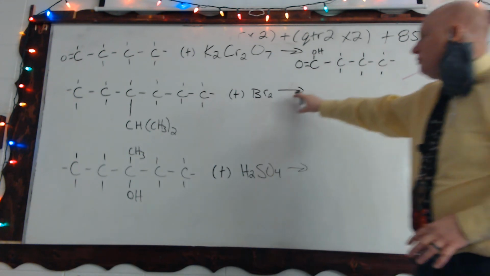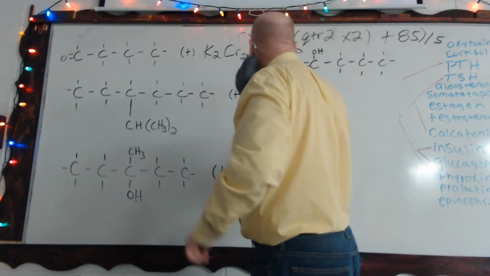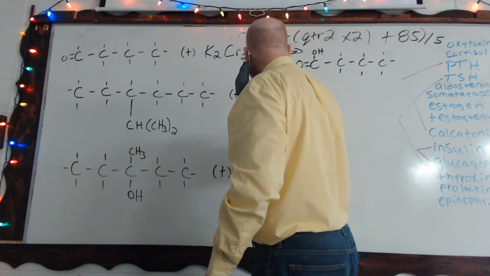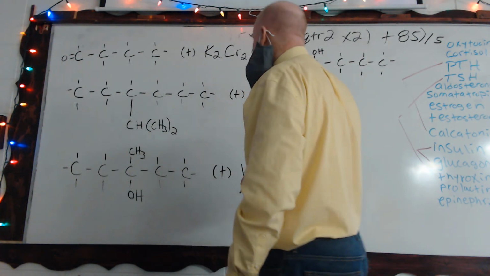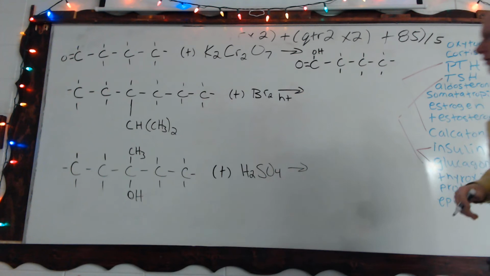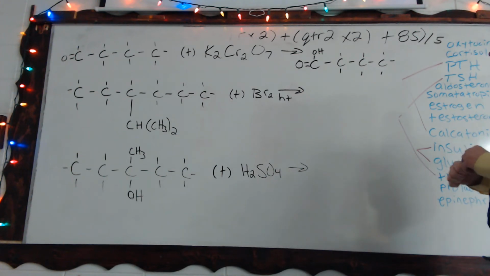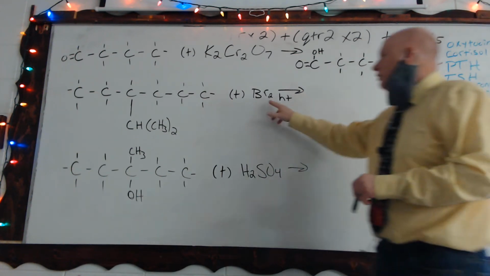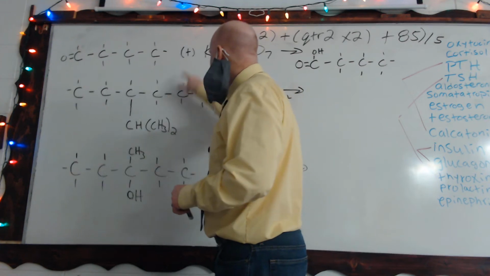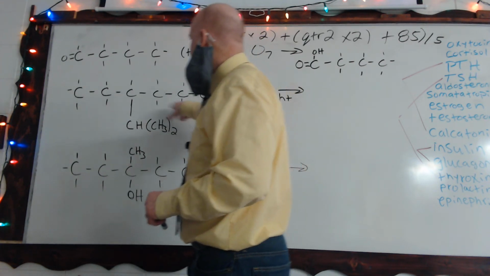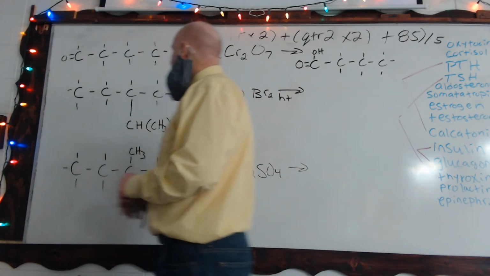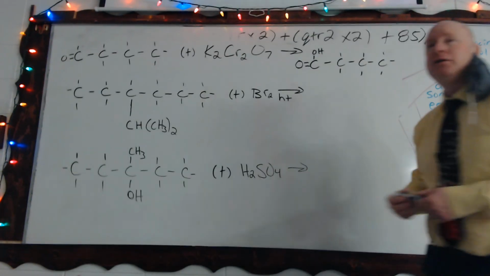But should there be something underneath here, like perhaps a little bit of heat, okay, then we will get this bromine to attach to one of these two spots here, over here. Really doesn't matter, it's just gonna pop on that second carbon.